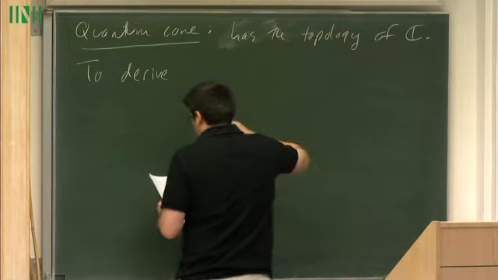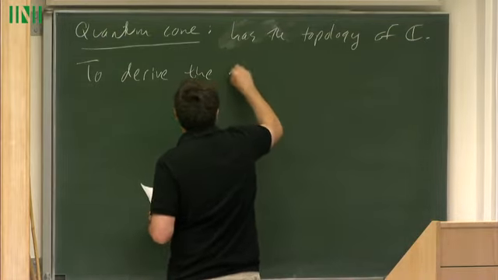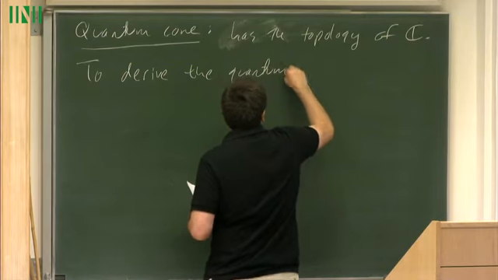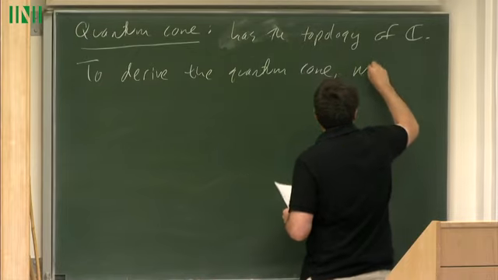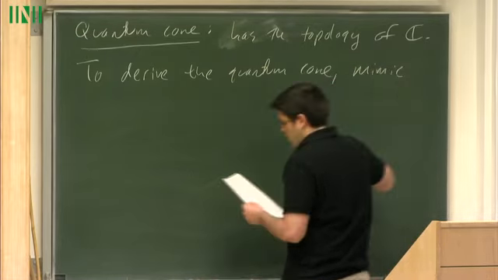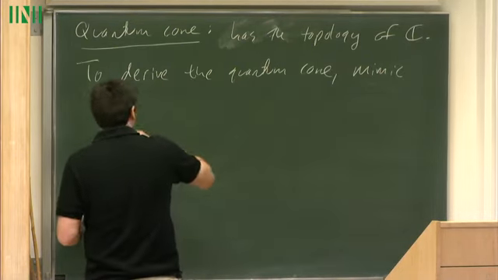And so here, what you do to derive the quantum cone, and this is sort of what you always do, is you try to mimic what happens when you work with random planar maps.